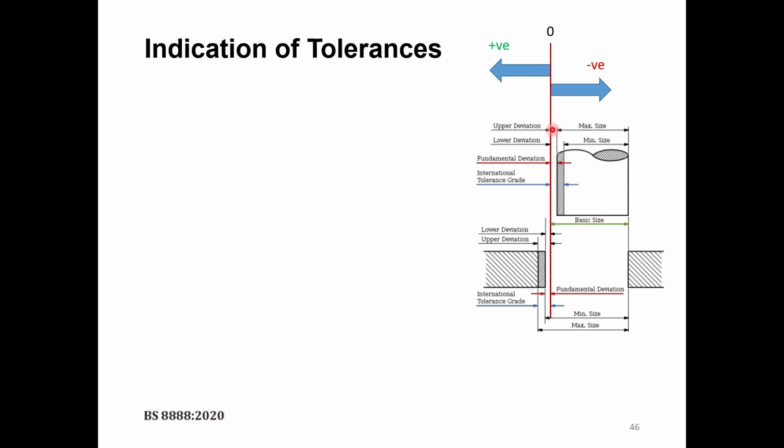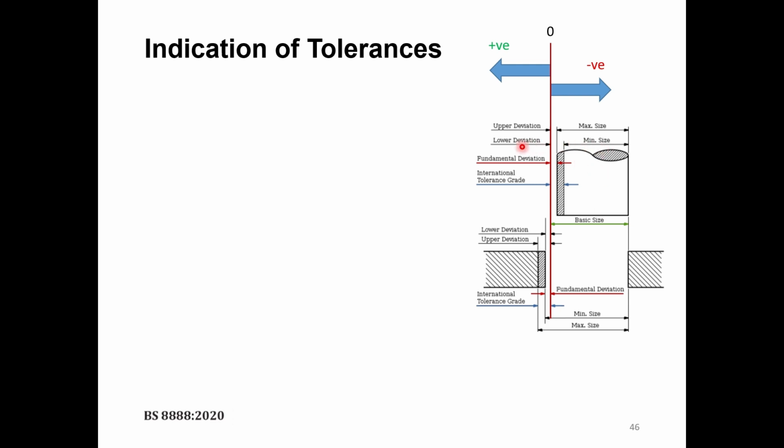Between the minimum size and the basic size, we have the lower deviation. This is what we define in our drawings: the upper and lower acceptable deviation from the basic size.